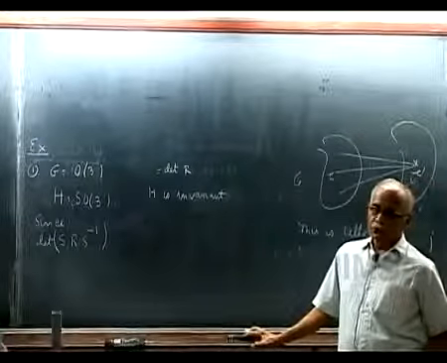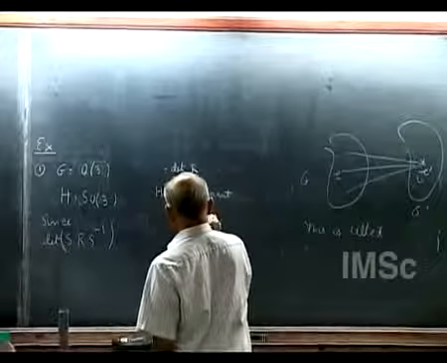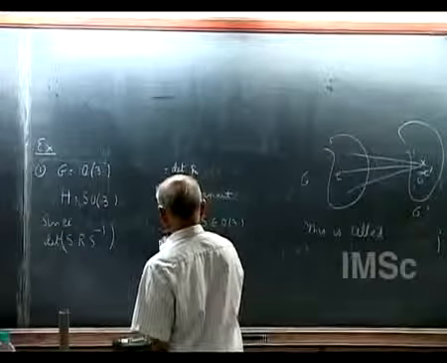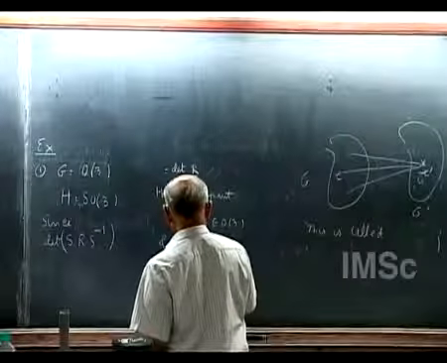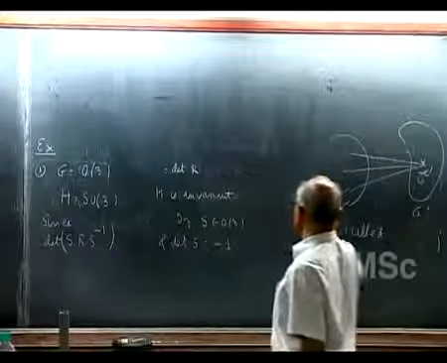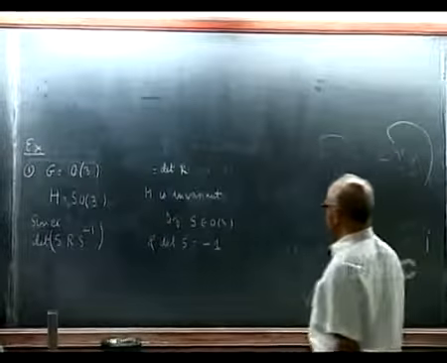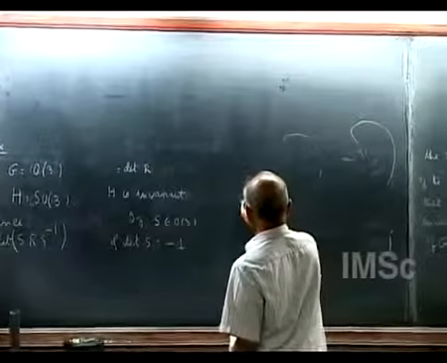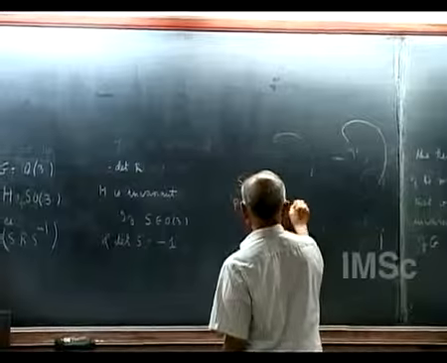Well, if S is in O3 and the determinant of S is equal to -1, we saw that I can write S as parity times R, where P is the element -1 and R is in SO3.